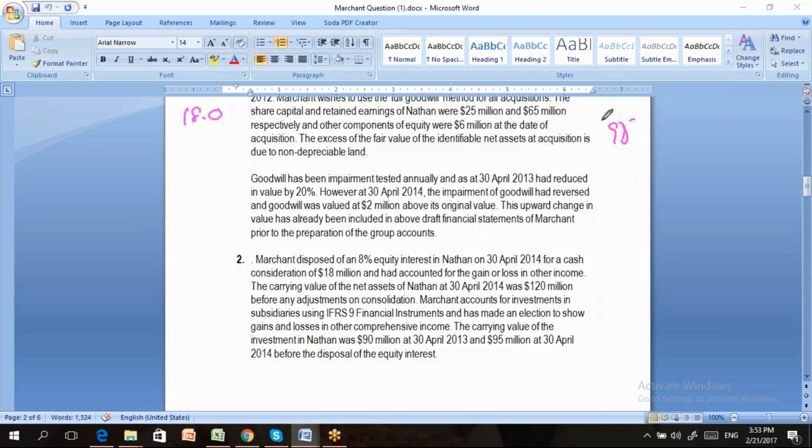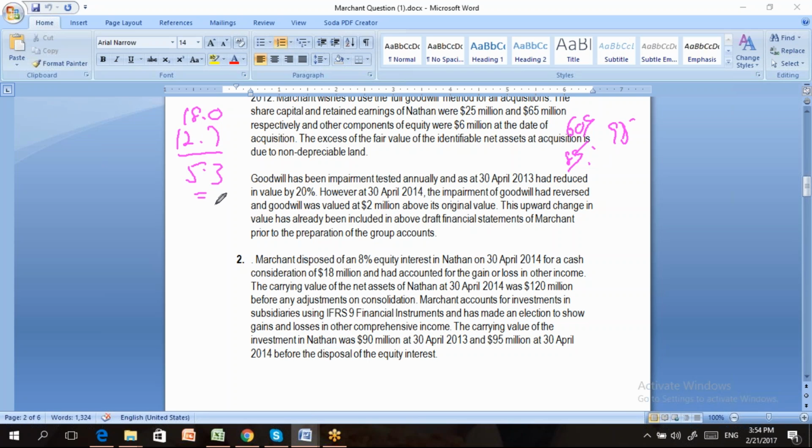The holding was 60%, so we worked out what the value is for 8%. That is what we dispose of. So 95 divided by 60 into 8 gives 12.66, about 12.7. So this was the gain that we reflected.